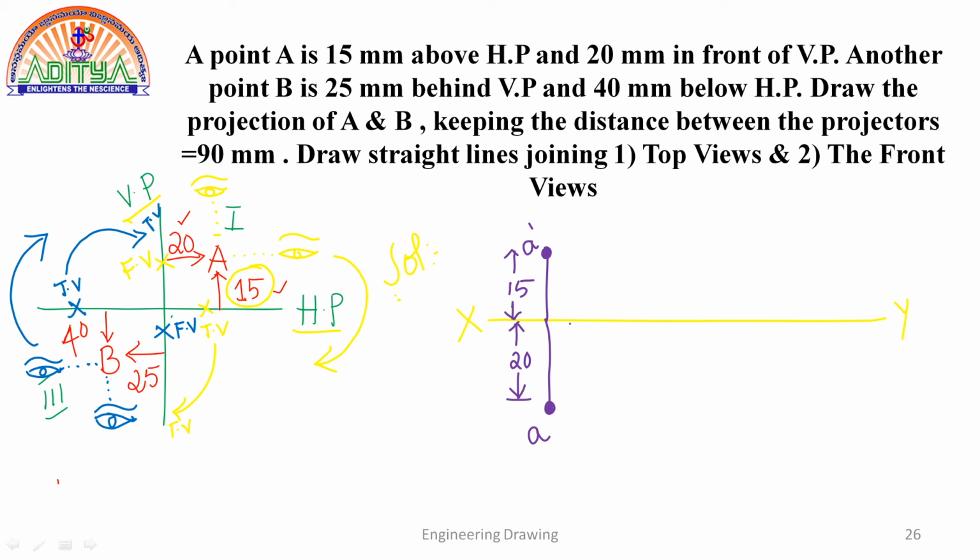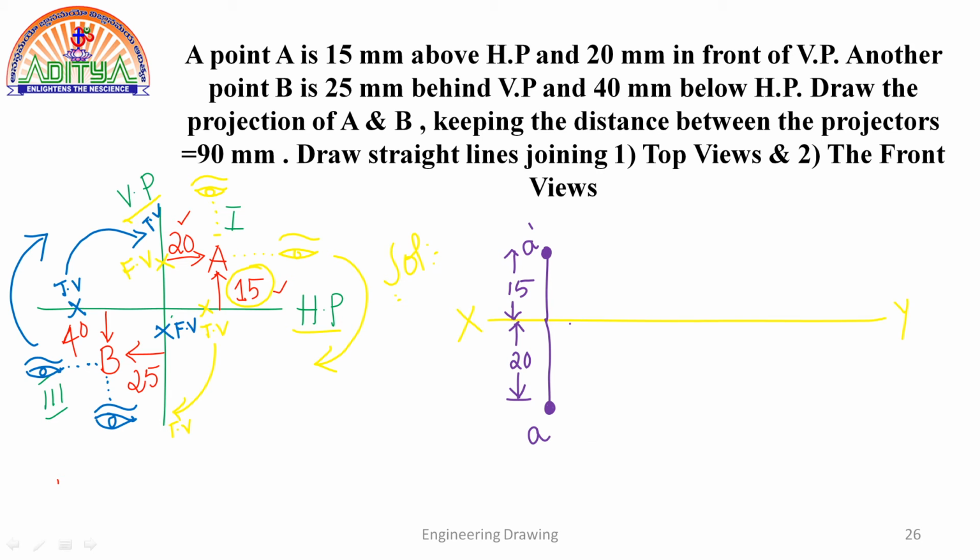Okay, now we will draw the point B projection. Before drawing that projection, another condition is there: after drawing the projections of A and B, the distance between the projectors should be 90 mm.